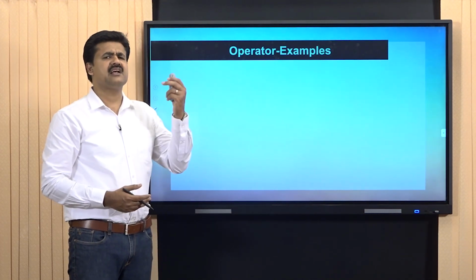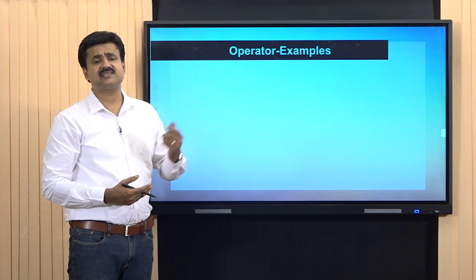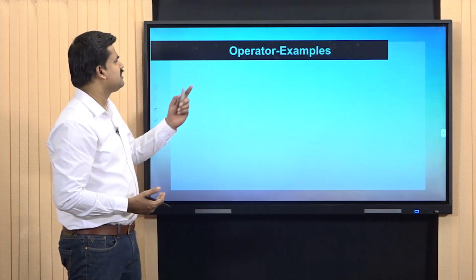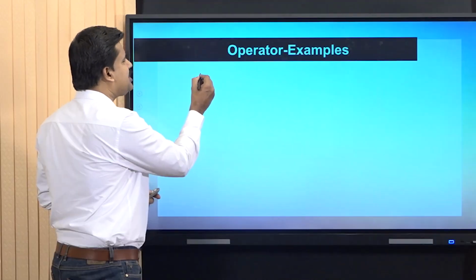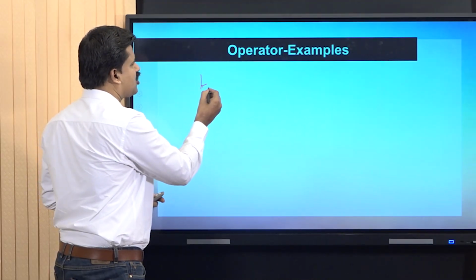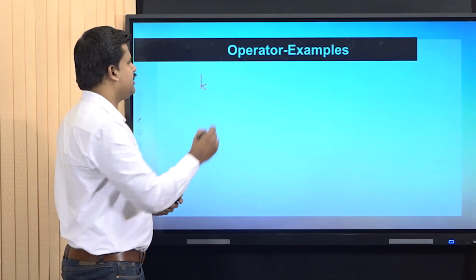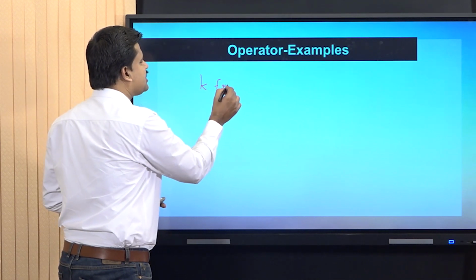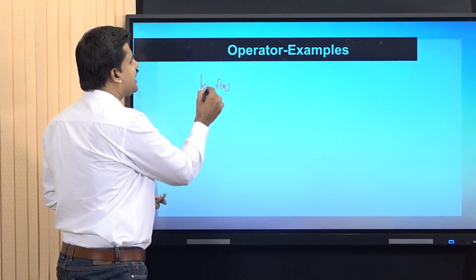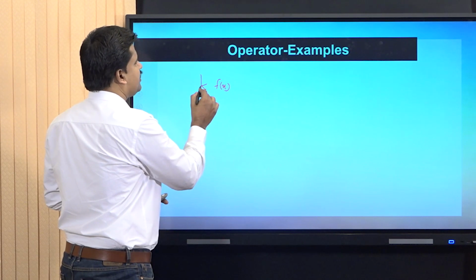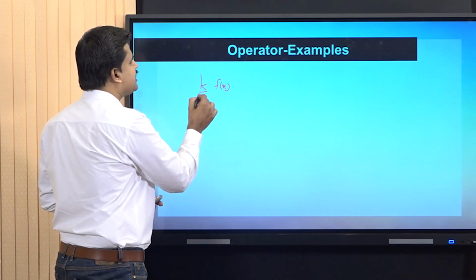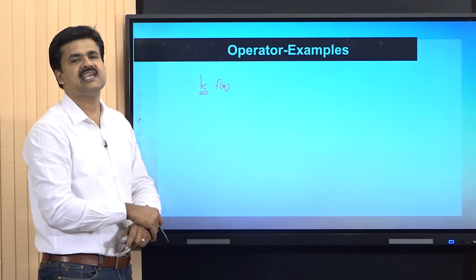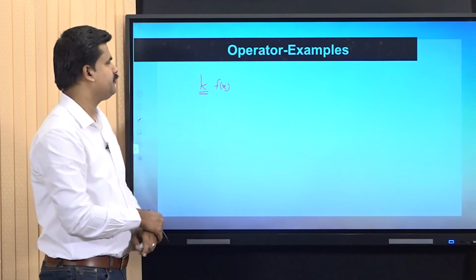Now, there are so many examples for operators. For example, I am multiplying with a constant k. The function is f of x, so k into f of x. Here k can be considered as an operator.